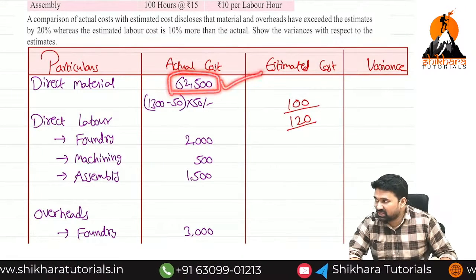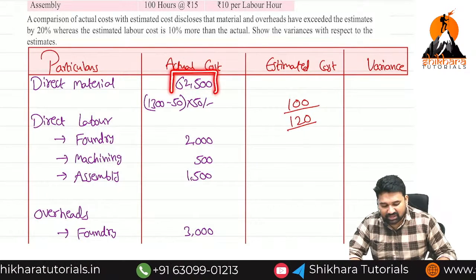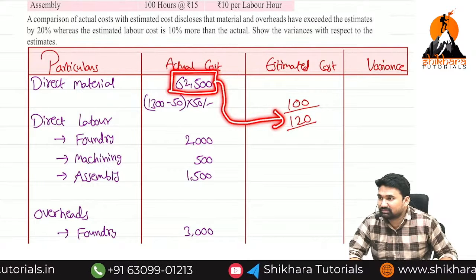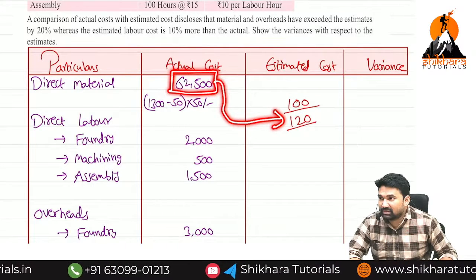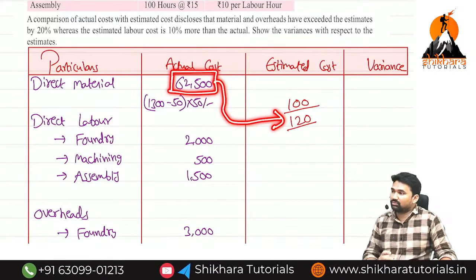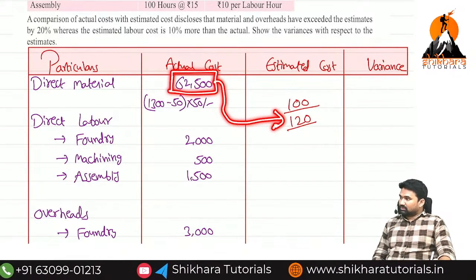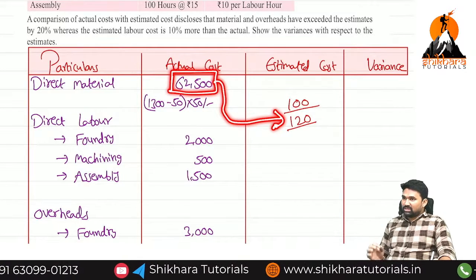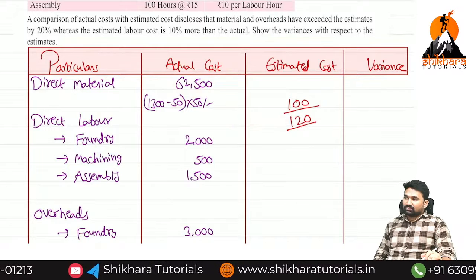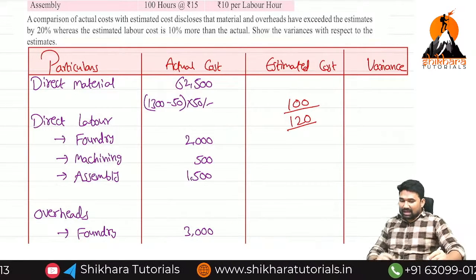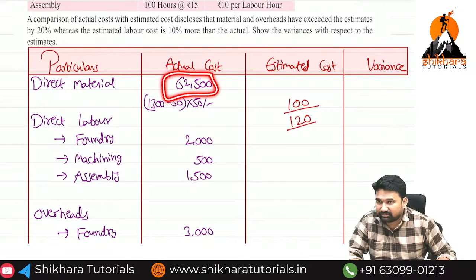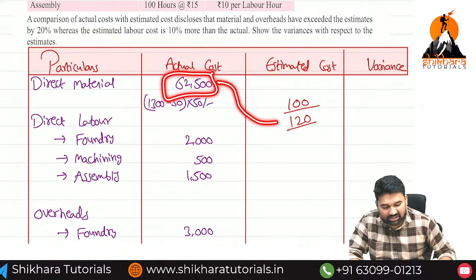If you observe carefully, this 62,500 is equal to 120, right? How is this 62,500 equal to 120? Listen carefully. This is the actual cost, and this actual cost is 120.